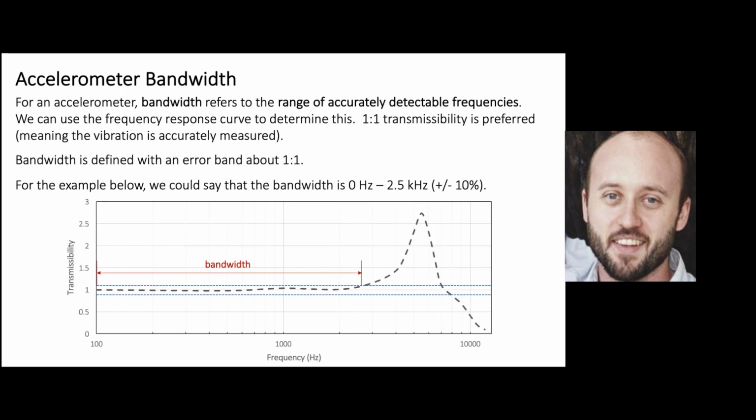And when we talk about bandwidth, we typically give it an error band. So we would say plus minus 10% error. That means the transmissibility can go as low as 0.9 or as high as 1.1. But in this range, it's relatively flat. So this is essentially the useful range of this piece of condition monitoring hardware.